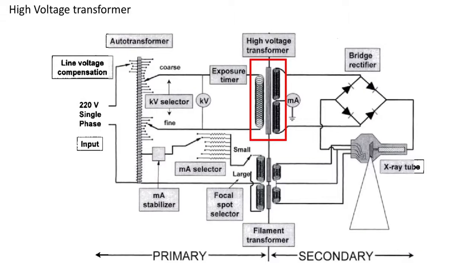This is where we apply that high voltage that accelerates the emitted electrons so that they bombard the target, and that's where we get the Bremsstrahlung radiation and also characteristic radiation. The guy responsible for providing that high voltage is this high voltage transformer.